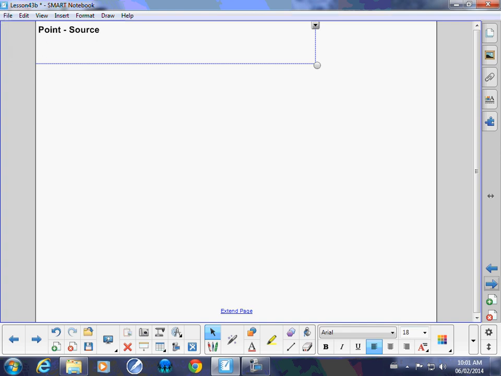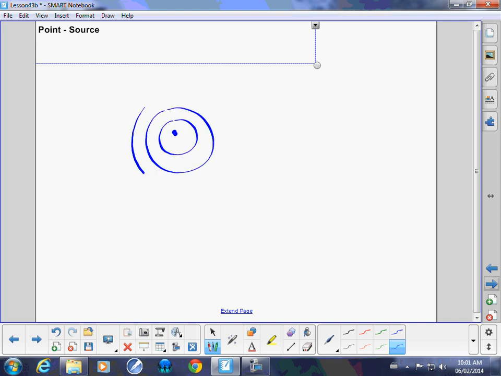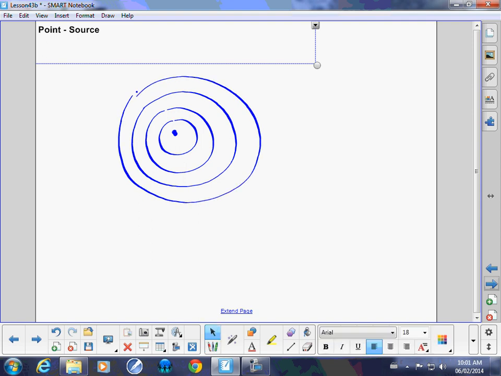That would be like placing a speaker in the middle of the room, or yourself talking. With a point source in the middle here, waves emanate in a circular shape outward from the point source, in all directions.